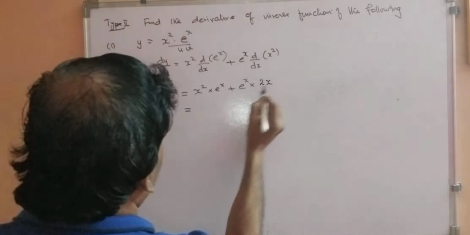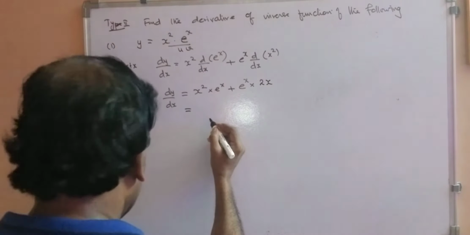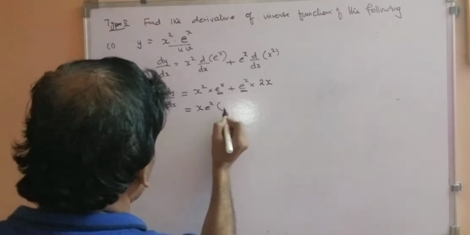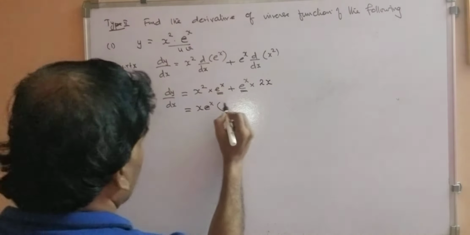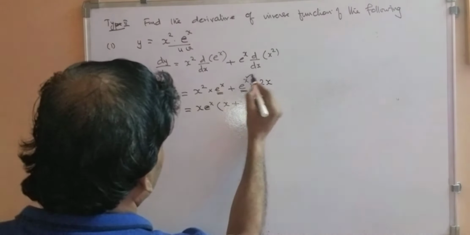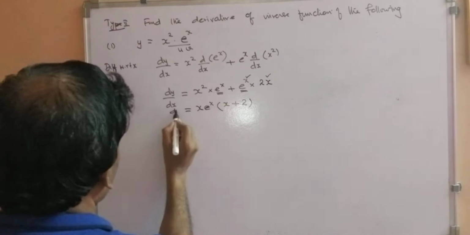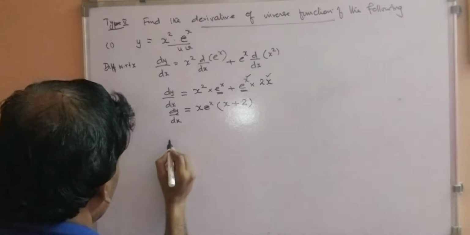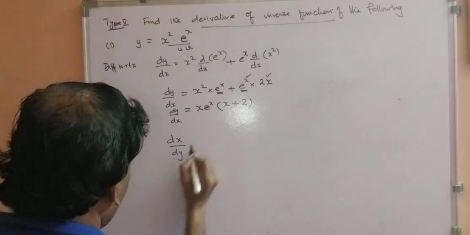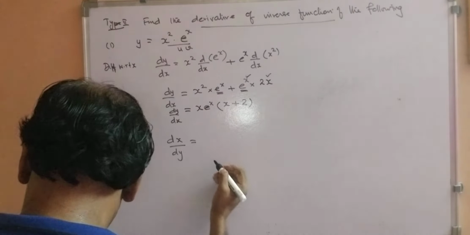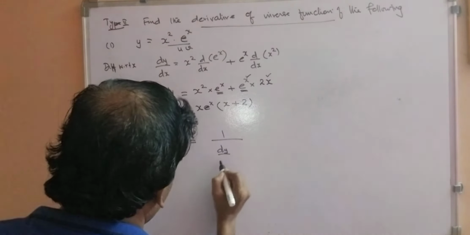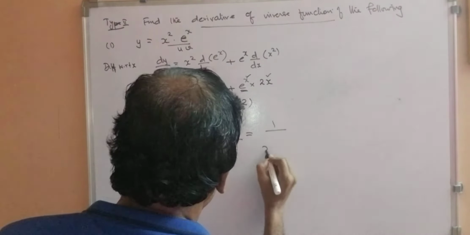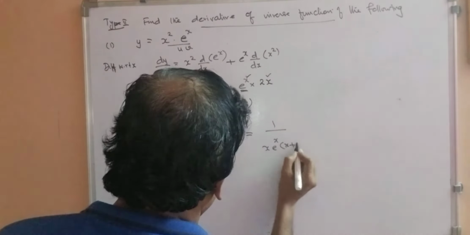So here x is common and e raised to x is also common. So in x square, x we have taken, so x will remain plus 2. So it is your dy by dx. But what do you want? Derivative of inverse function. That means they want dx upon dy equal to 1 upon dy by dx, so it is equal to 1 upon x into e raised to x into x plus 2.